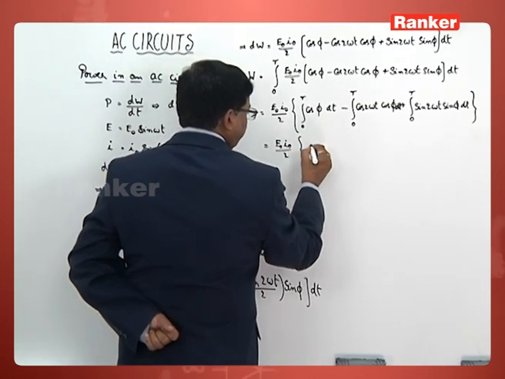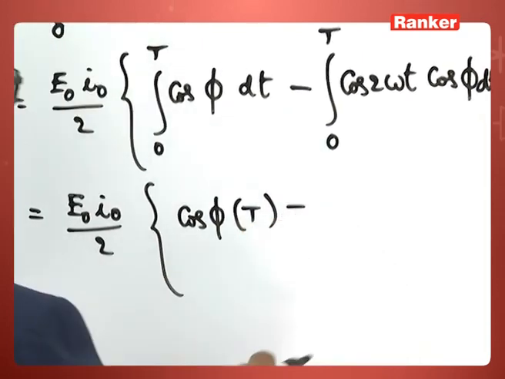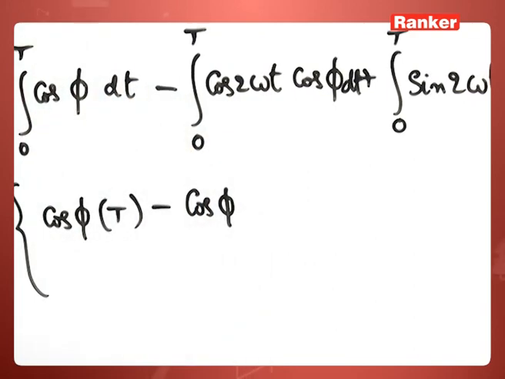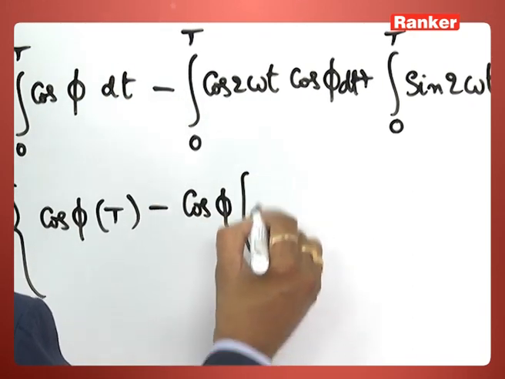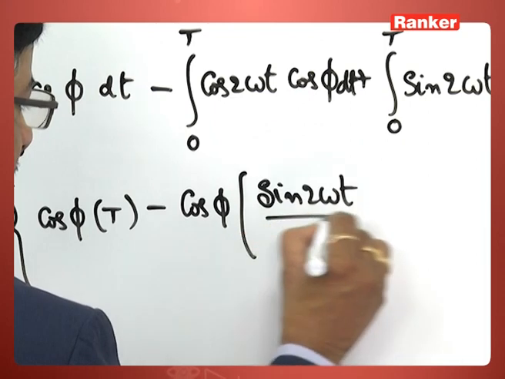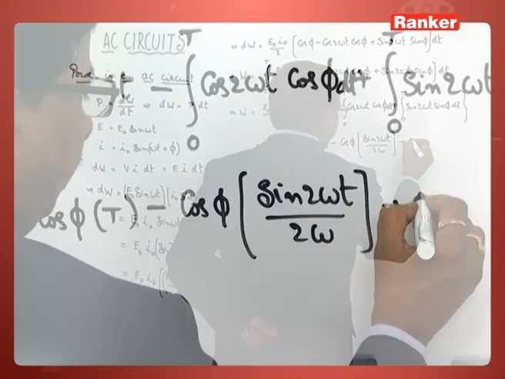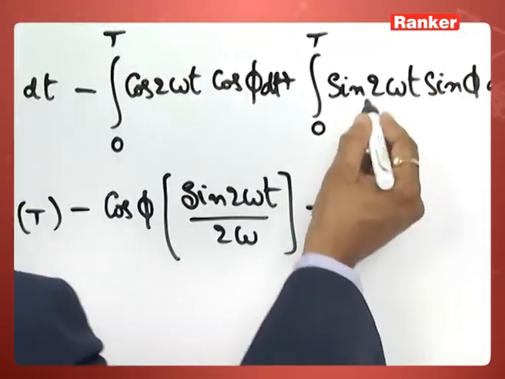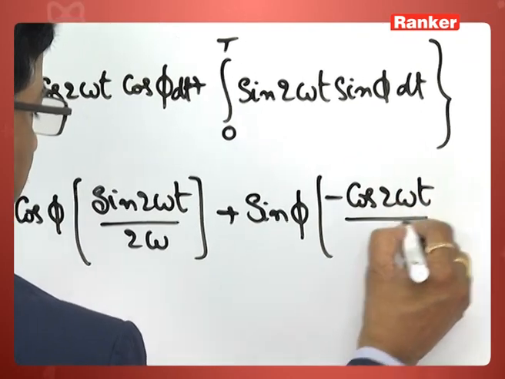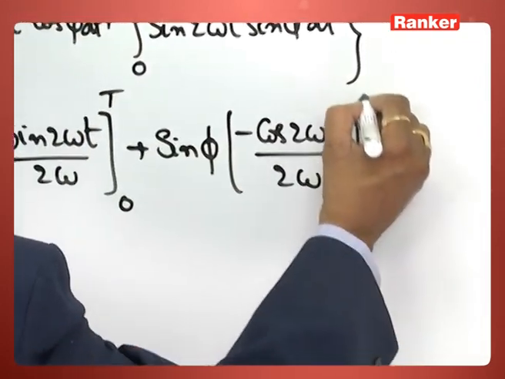This now becomes cos phi into t, minus, now this cos phi, if I take it out of this integration, the cos 2 omega t becomes sin 2 omega t by 2 omega, plus sin phi, if I take it out of this integration, this becomes minus cos 2 omega t by 2 omega. But between the limits 0 and T we have to write.